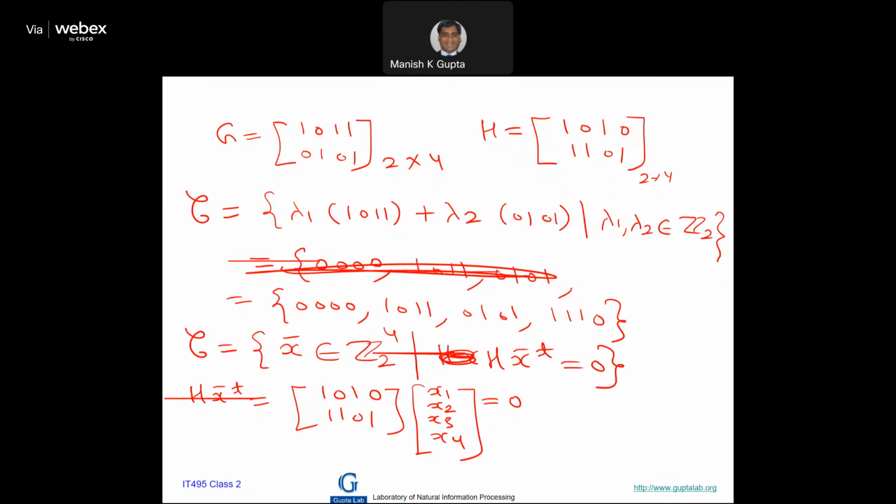I'm just writing HX transpose. This is H. X transpose as a column vector, right?